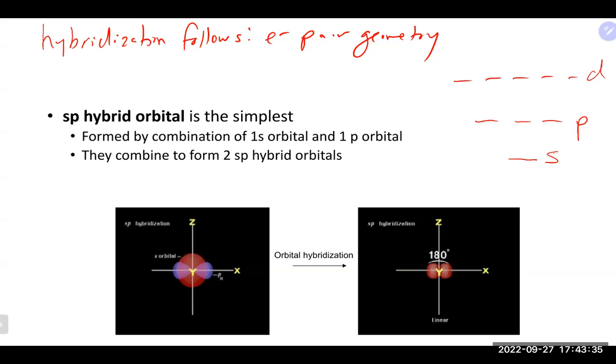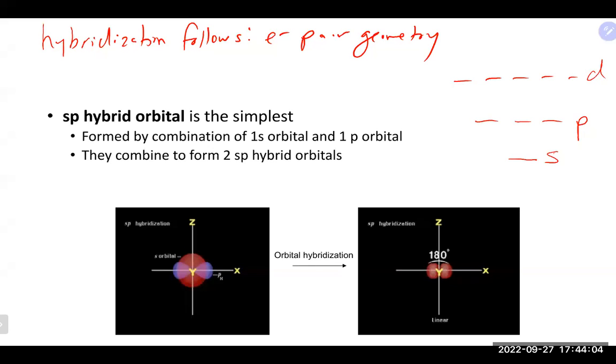Basically what you're looking for when you draw a Lewis structure and you're trying to apply hybridization to a particular atom is you want to count up electron pairs. It doesn't matter if they are bonding or non-bonding electron pairs. You count electron pairs the same way as you do with geometry, which means if you come across a double bond or a triple bond, once again, it counts as only one electron pair.